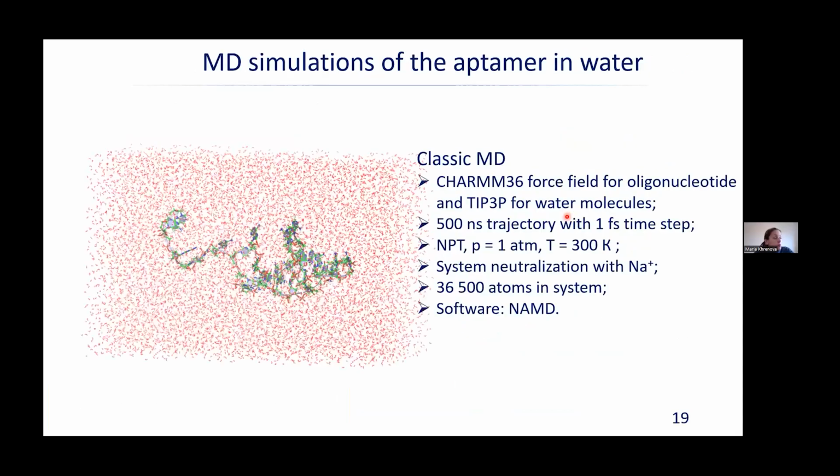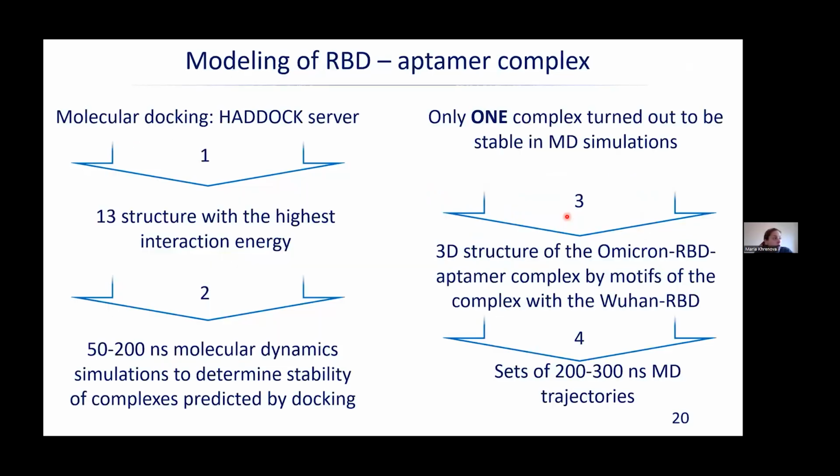And then we performed extended molecular dynamics simulation of this oligonucleotide to obtain a more stable structure. This structure was further utilized in molecular docking. We utilized the HDOCK web server to obtain a nucleotide-protein complex.